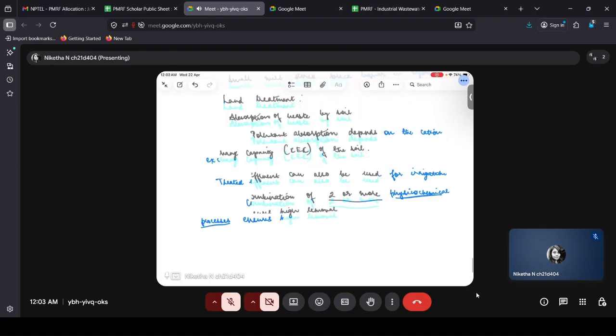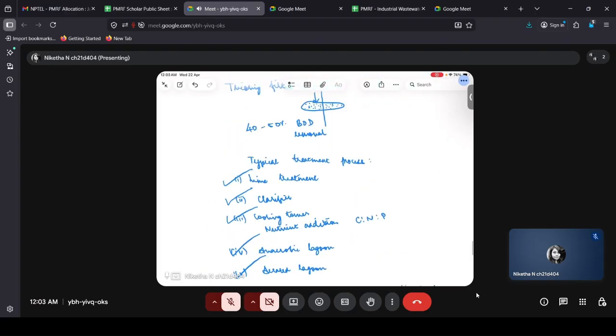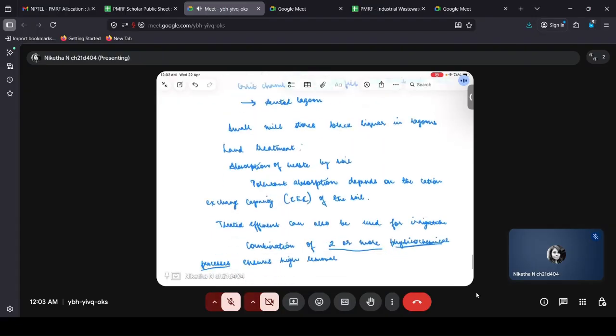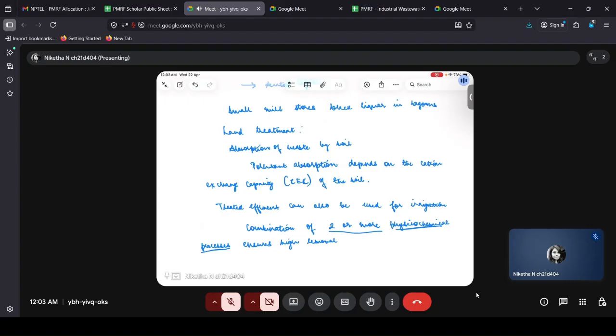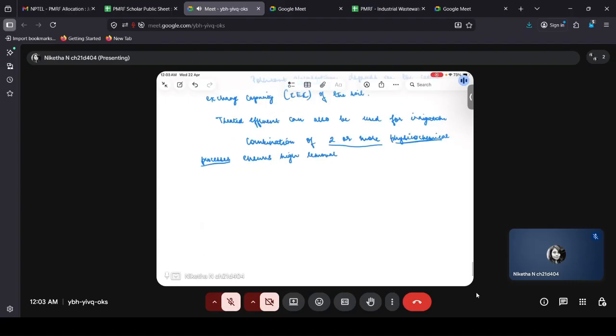Like we saw the various types of physico-chemical processes like adsorption, ion exchange, or even coagulation, flocculation. So, a combination of two or more of these can ensure high removal.